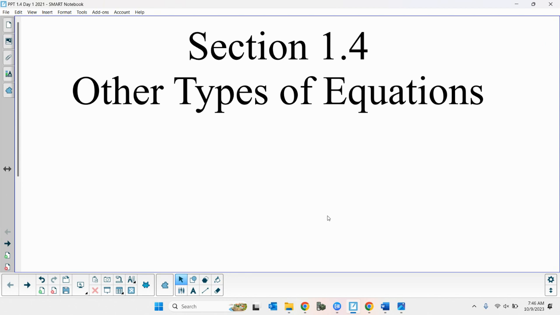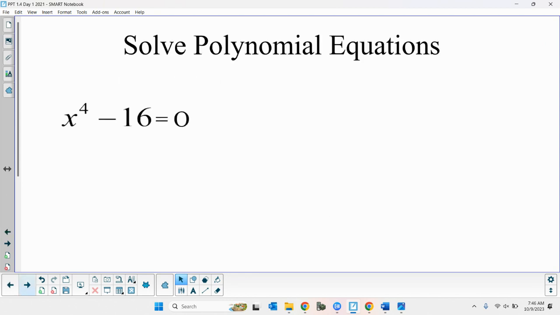Okay, so the type of equations we're doing today are polynomial equations. We usually solve these by factoring. When you have this type of problem, you try to factor it. Is there a GCF for this problem?